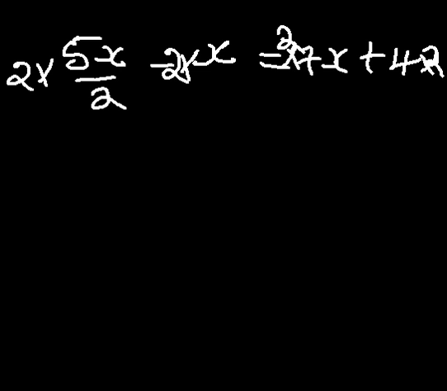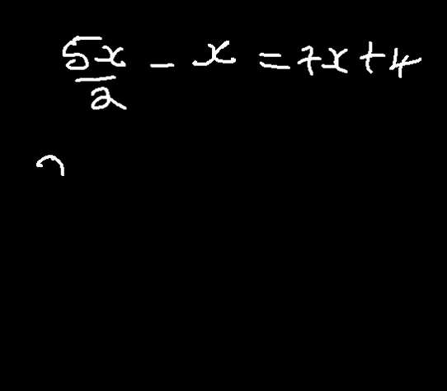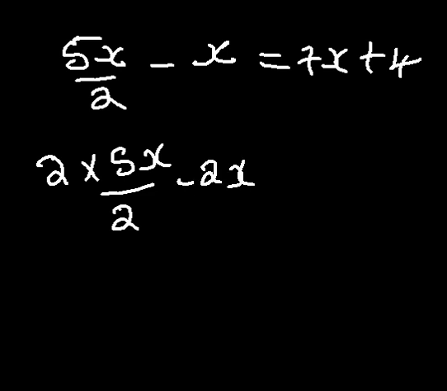So now I'll have 2 times 5x over 2, minus 2 times x, is equal to 7x times 2, plus 4 times 2.